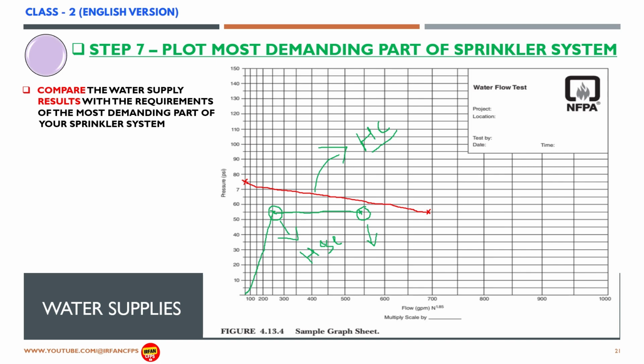Now from this graph we will be able to identify that our system demand, pressure and flow, is under the hydraulic curve which is drawn based on the flow test report. Hence, from the graph we conclude that the available water supply can be used for fire protection purposes.